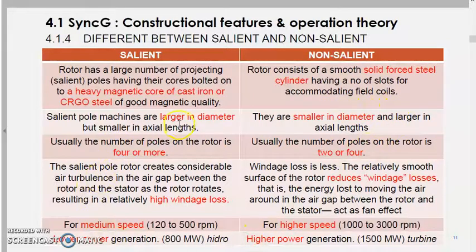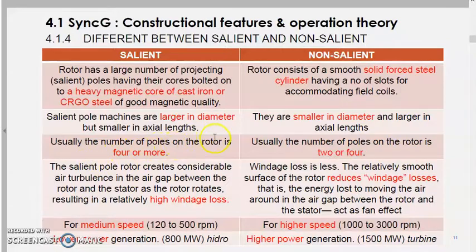The salient pole machine is usually built in larger diameters but small axial lengths. That means it will be a thin motor or generator. Meanwhile, the non-salient pole is small in diameter, like a pencil type, whose diameter is small but the length is quite long.